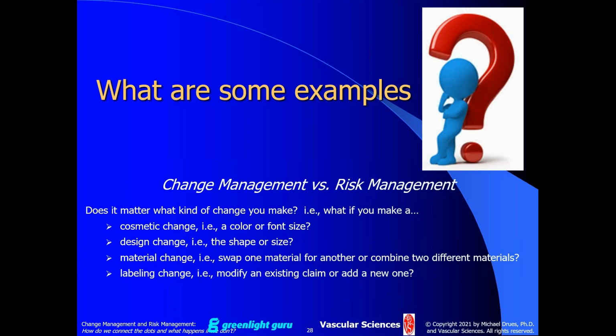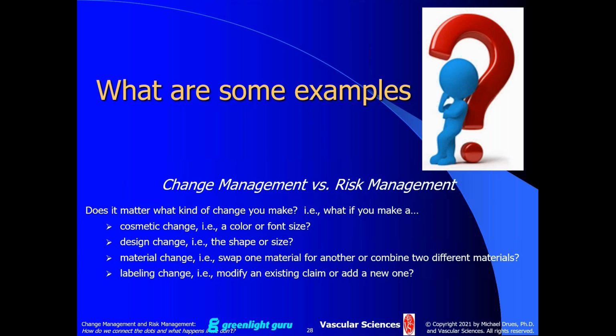Of course, you can have a change in the labeling of the device. And here I'm primarily talking about the high-level labeling, the indications for use or the intended use. In other words, we're modifying or changing an existing label claim versus we're adding a new label claim. Either one of them, but especially the latter, could be thought of as a label expansion. But again, there's lots of different types of label expansion.